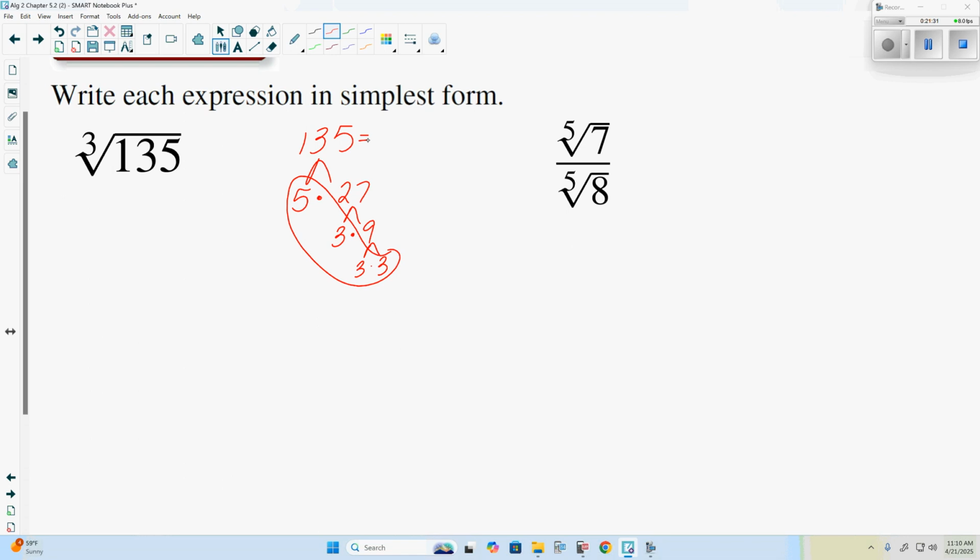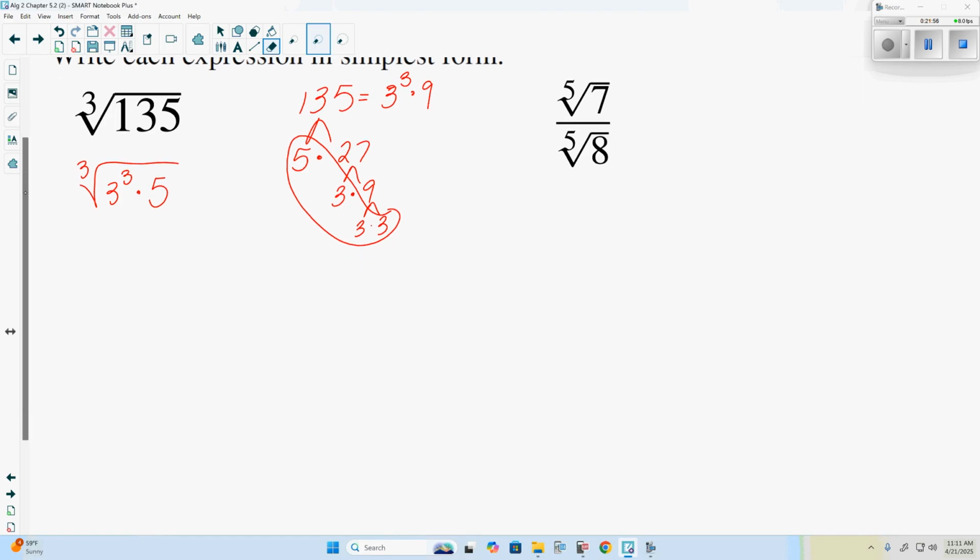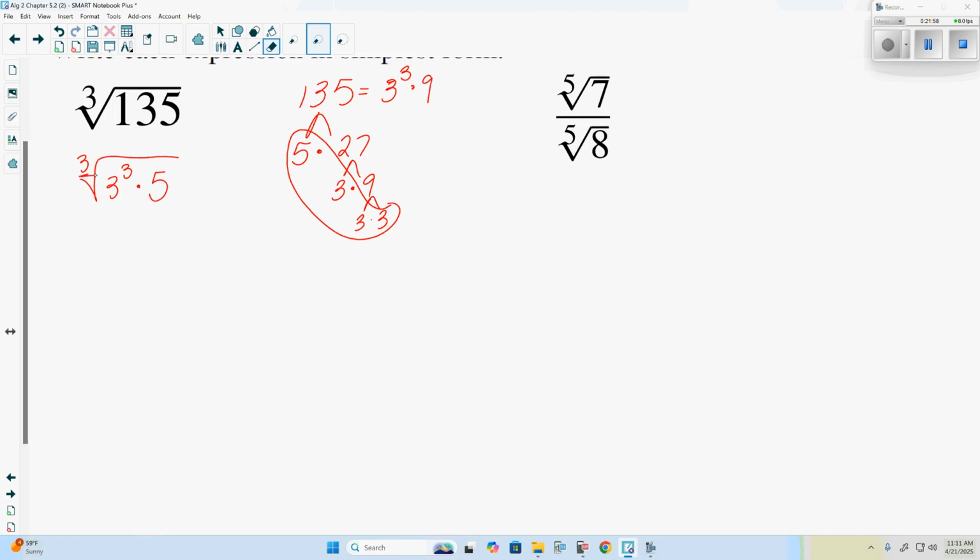So our prime factorization of 135 is going to be 3 to the third times 5. This helps us take this cubed root of 135, because we can replace 135 as 3 to the third times 5. And again, we can take the cubed root of any number that's multiplied by itself 3 times, whatever that index is.